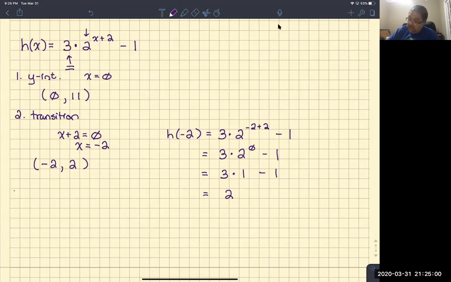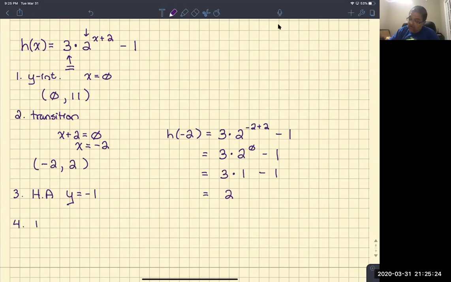Now, the horizontal asymptote, remember, is y equals 0 unless something is being added or subtracted. But in this case, -1 is being subtracted. So that means the graph is being shifted 1 unit down. That means my asymptote is y equals -1. Okay.